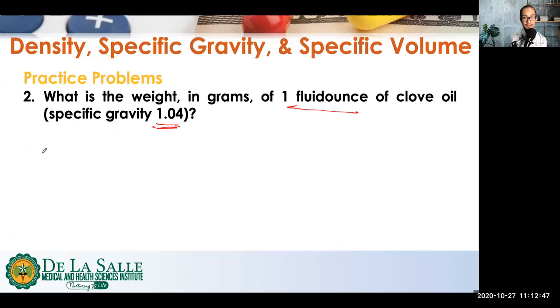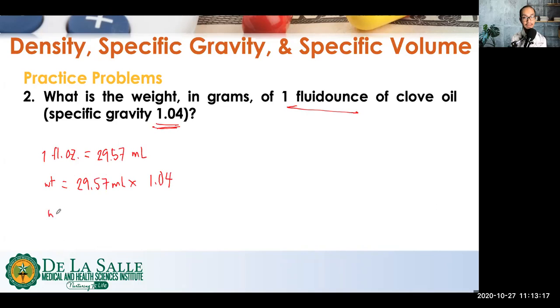Okay? Ayan. So dito papasok yung inyong inaral in the previous module na conversion of units. Okay, so we know that 1 fluid ounce is equivalent to 29.57 milliliters. Okay, now to determine the weight of the clove oil, I simply multiply the volume 29.57 milliliters by its specific gravity, which is 1.04.